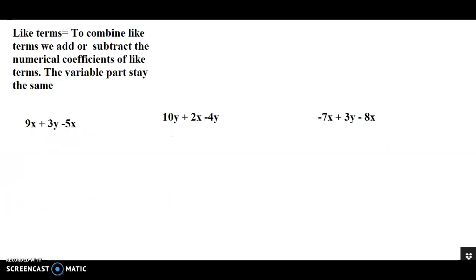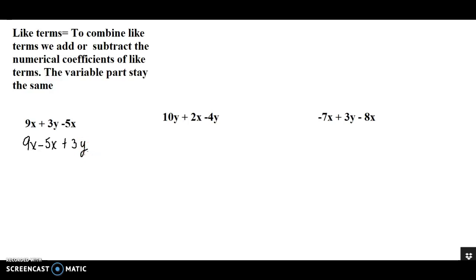Okay, so let's continue. Combine like terms. So when I look at this first expression, I'm looking at 9x minus 5x plus 3y.